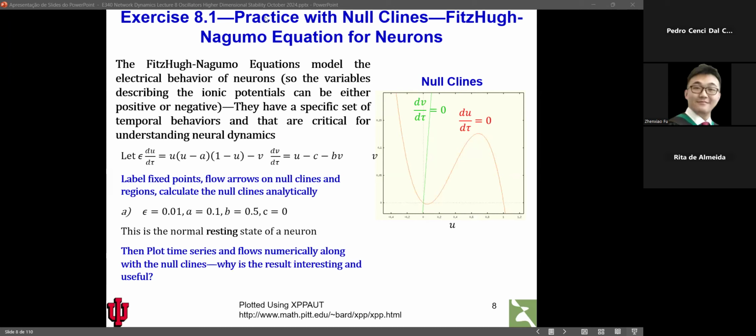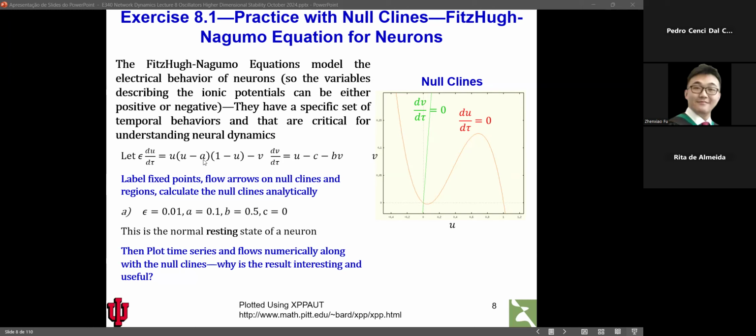So the first practice, which I'm not sure you have already done, is 8.1 and 8.2. We are going to take this equation, the FitzHugh-Nagumo equations, with some values of the parameters.